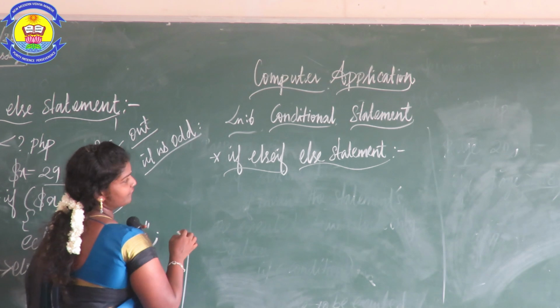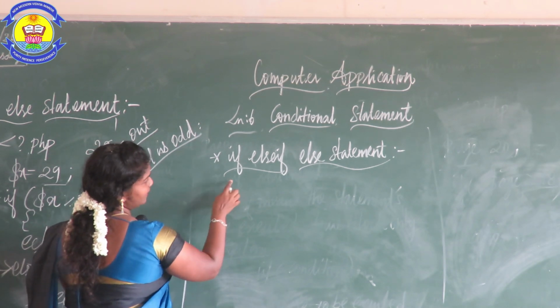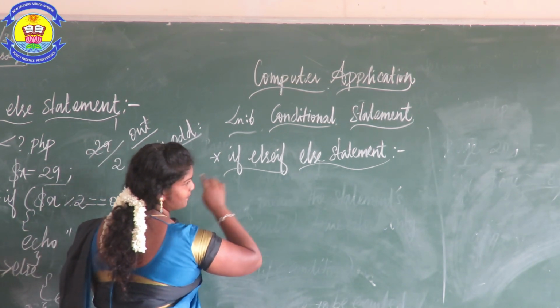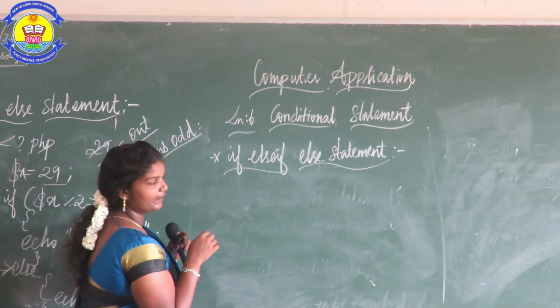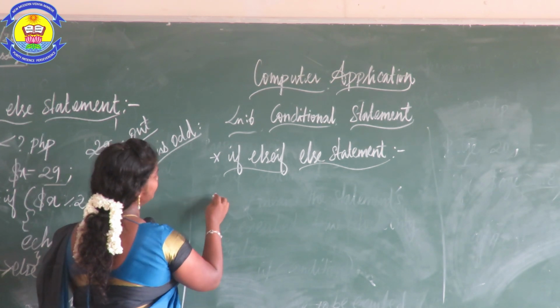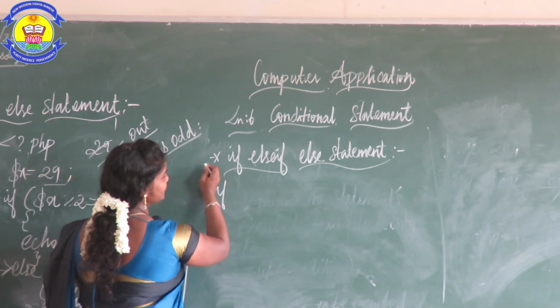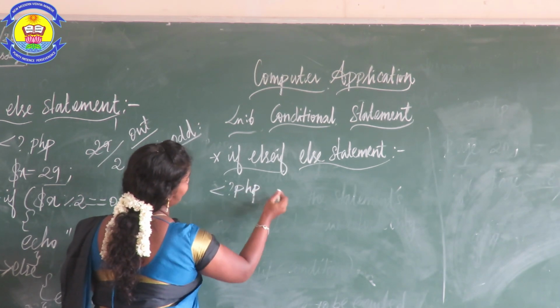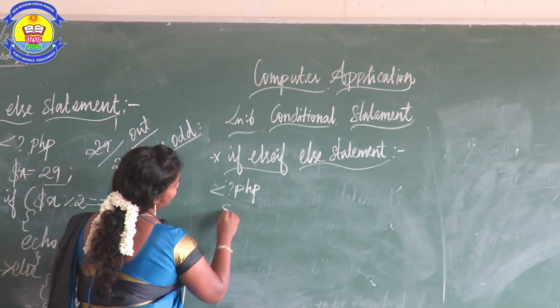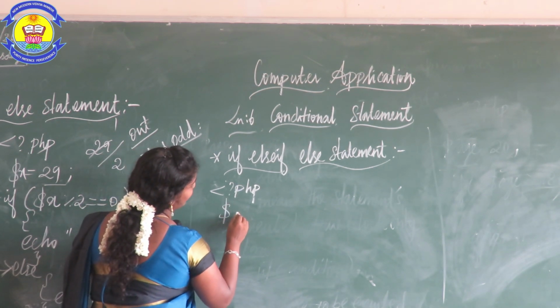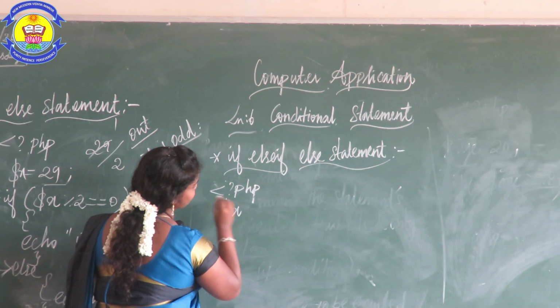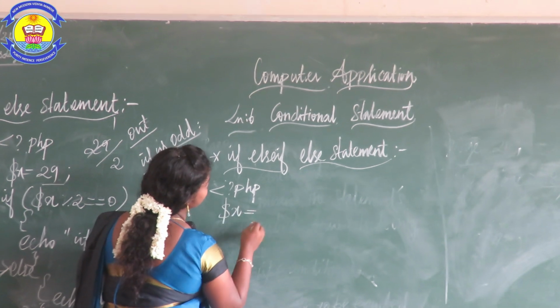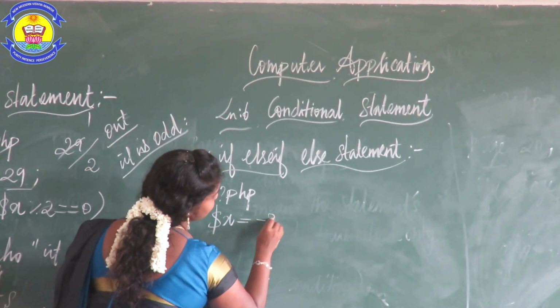Okay, I'm going to give an example. So the else if statement is a different-condition statement, so we are going to give a PHP tag, and then a variable $x equal to -30.